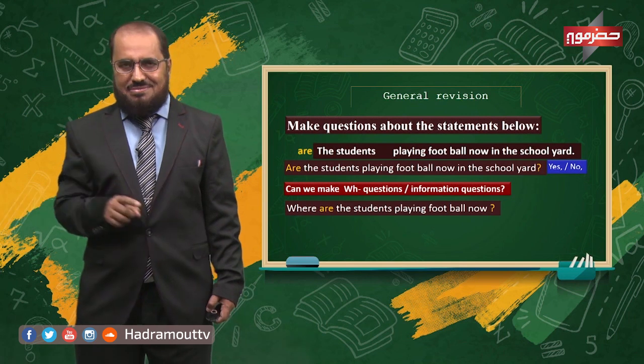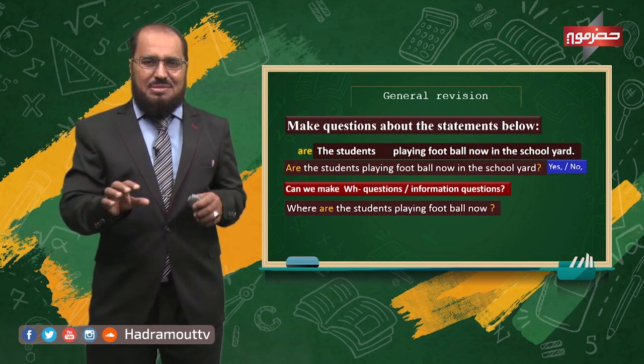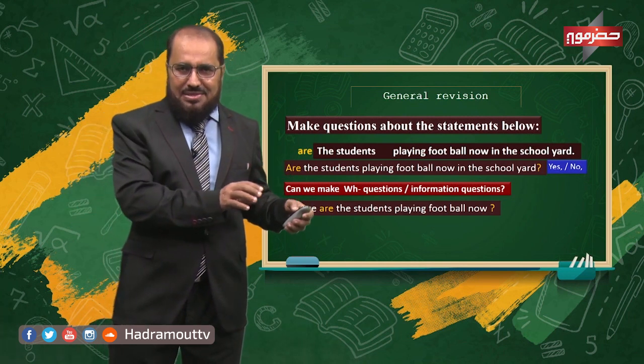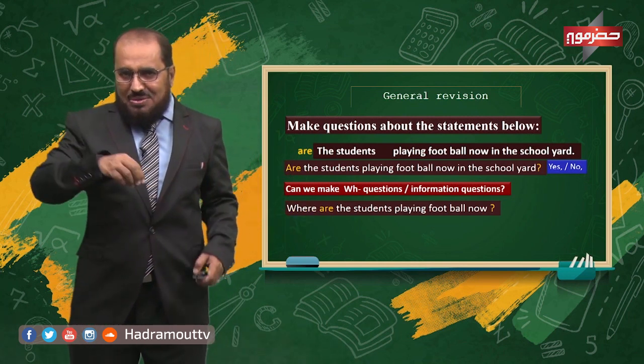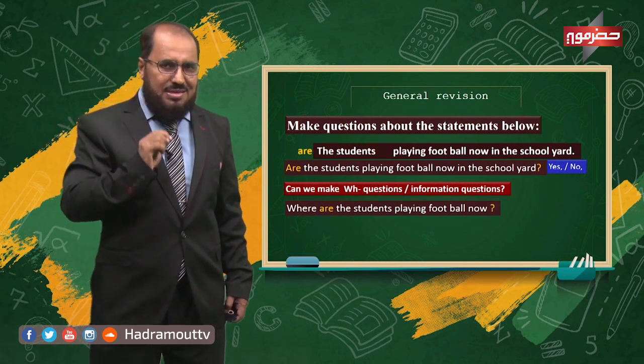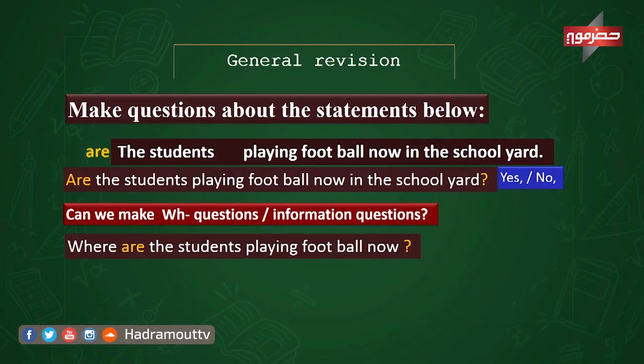بتلاحظوا صياغة WH question هي نفسها yes no مع تقديم ال WH word at the beginning وحذف المعلومة التي نسأل عنها من الجملة ولا تنسى علامة الاستفهام. In the schoolyard. Where are the students playing football now? In the schoolyard. الإجابة جاءت من نفس الجملة لأن هذه اللي سألنا عنها أصلاً. Okay. Next.